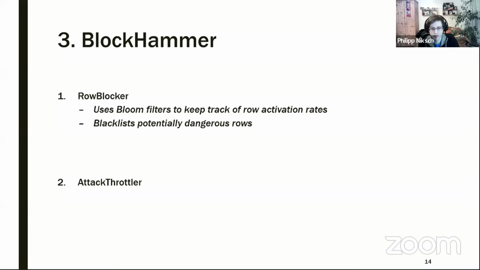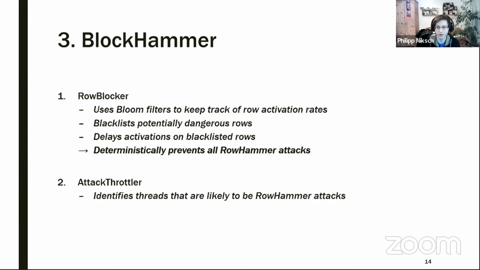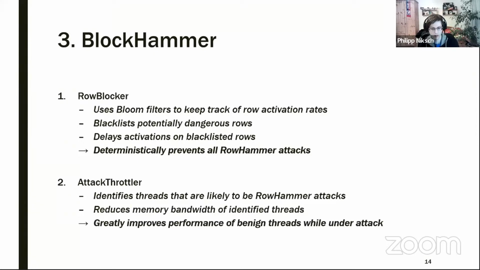It uses this information to blacklist potentially dangerous rows and restrict their accesses to RowHammer safe frequencies. This component is enough to guarantee RowHammer safe operation. The job of attack throttler is to identify threats that are likely to be RowHammer attacks. And attack throttler then reduces the memory bandwidth to those identified threats. This greatly improves the performance of benign threads while the system is under attack.